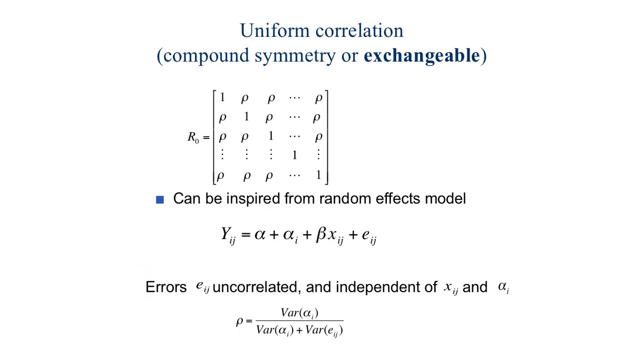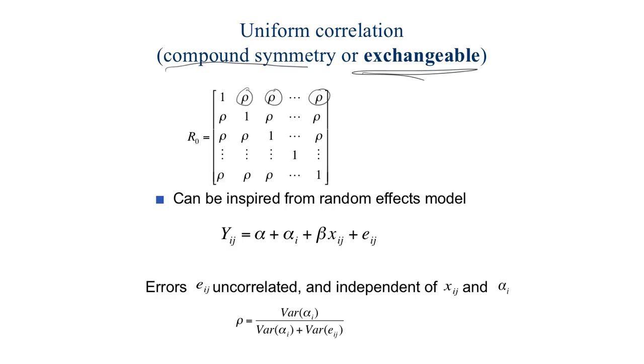This is the much more common. This is always the most commonly used form because it allows for correlation, but it's simple. It assumes every observation has the same correlation between any 2 observations on the same person. It was called compound symmetry. It's more commonly referred to as exchangeable now, and that's what is referred to in R. So this I can use on any data.